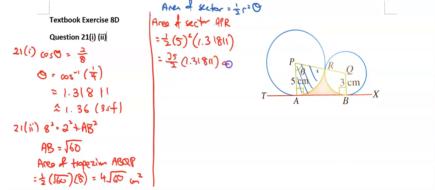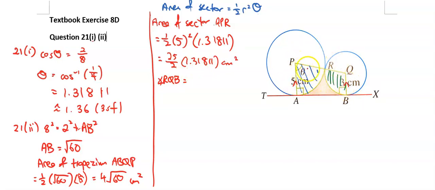Next we have to find the area of the sector of this smaller circle. So how do we get the angle RQB? We can use the fact that this is a trapezium and these two sides are parallel.